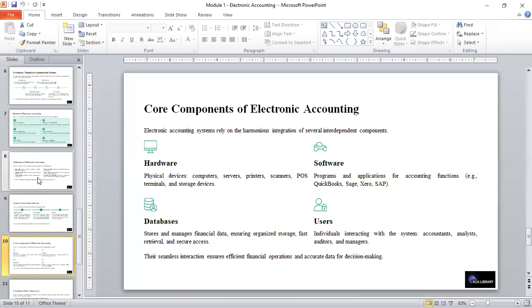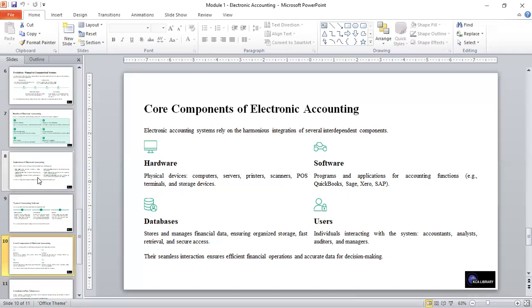We have also the software, which are programs and applications for accounting functions, just like we've been saying: QuickBooks, Sage, Xero, SAP. Then the database is the third core component of electronic accounting. It stores and manages financial data, ensuring organized storage, fast retrieval, and secure access.